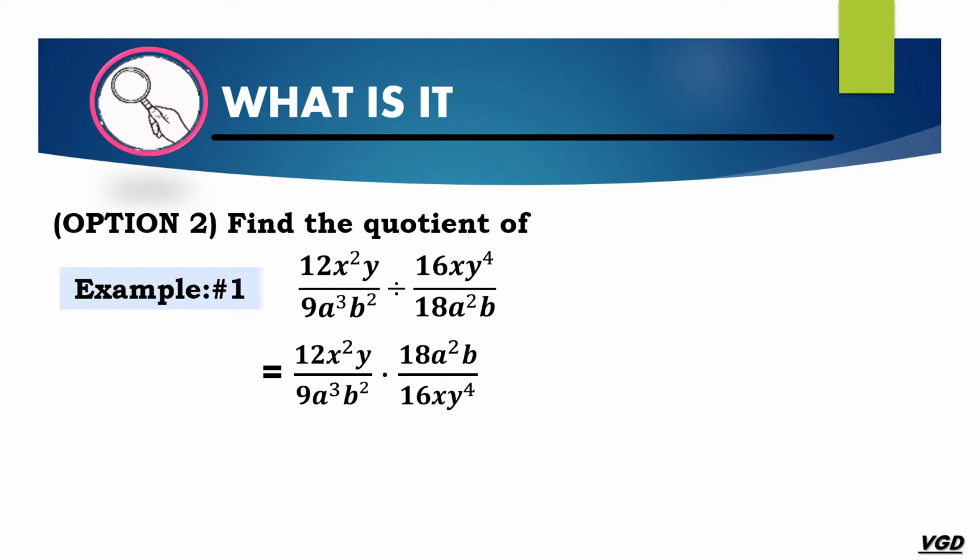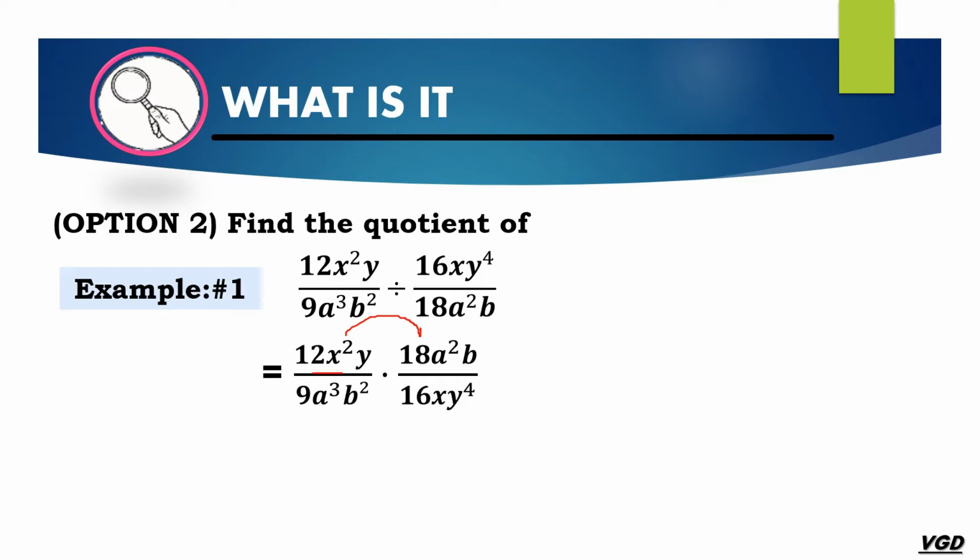Now, apply the steps in multiplying rational algebraic expressions, in which we have to multiply the numerator of the first algebraic expression by the numerator of the second algebraic expression. Same goes with the denominator.